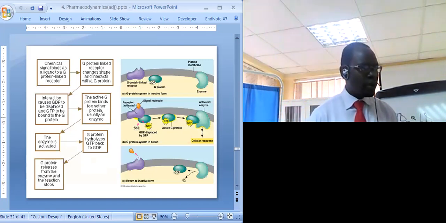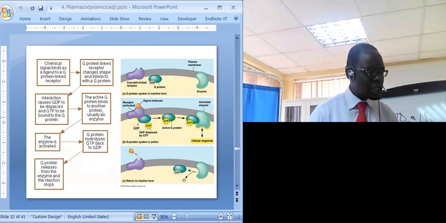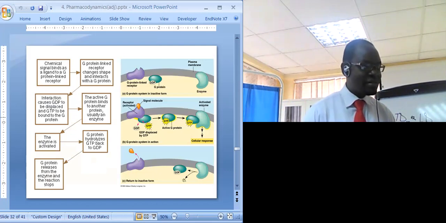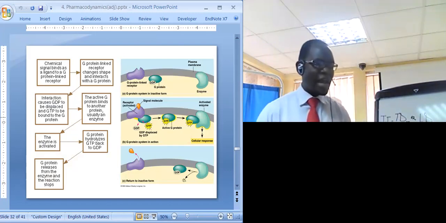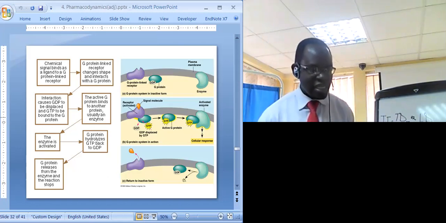When a chemical signal binds as a ligand to a G protein linked receptor, what actually happens is that the receptor changes shape and interacts with the G protein, as you can see in that diagram there.